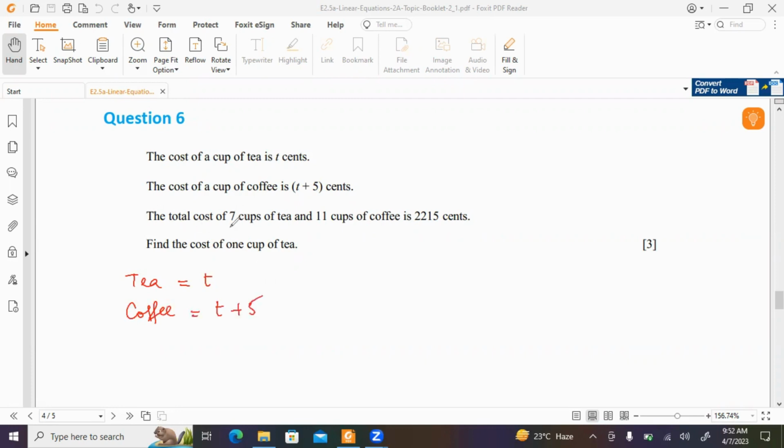The total cost of 7 cups of tea and 11 cups of coffee adds up to this. So that means 7 times t plus 11 times (t plus 5) equals 2,215. Expand the bracket: 7t plus 11t plus 55. Collect the like terms.